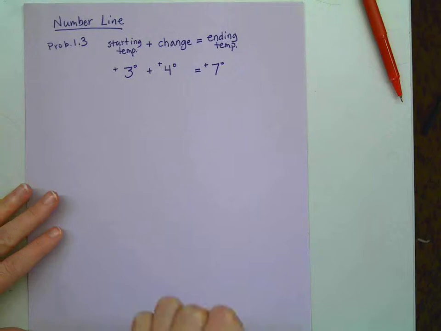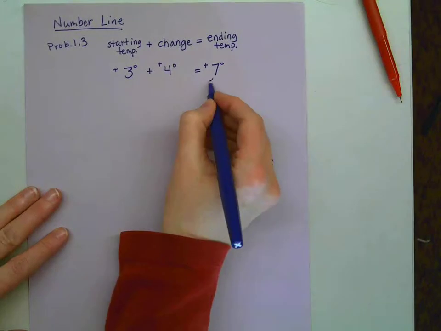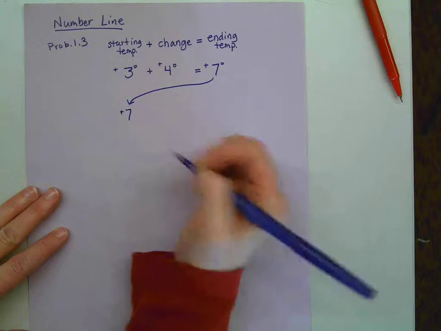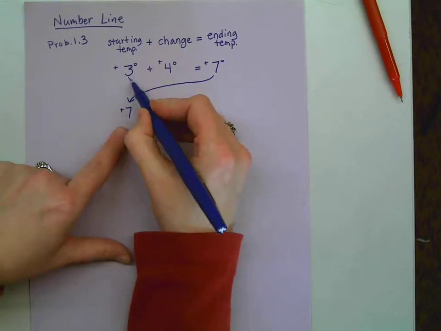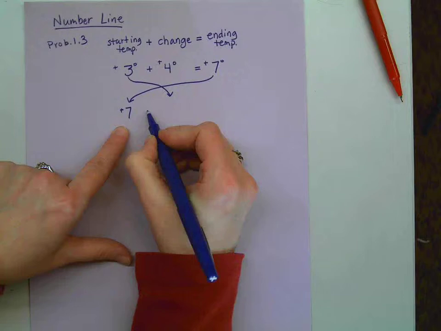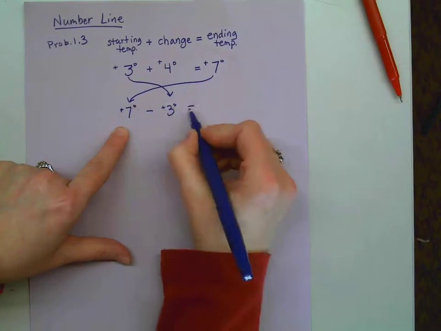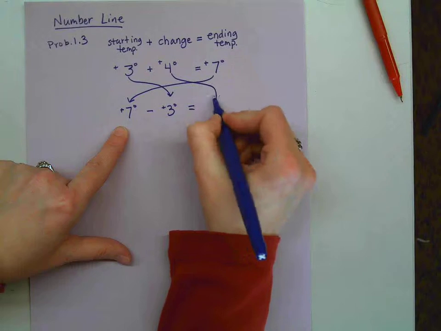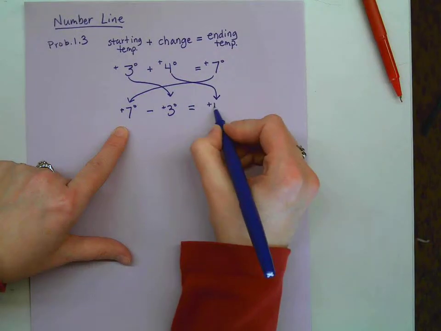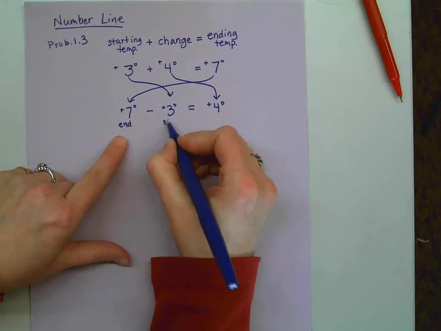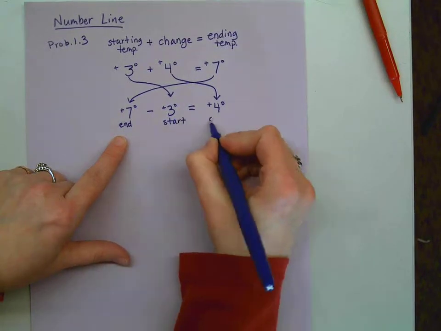Now, to turn this into a subtraction problem, I'm going to take that ending temperature and start with it. I'm going to take the starting temperature and take that away. And what I'm finding then is the change. So here's my ending, my starting, and my change.